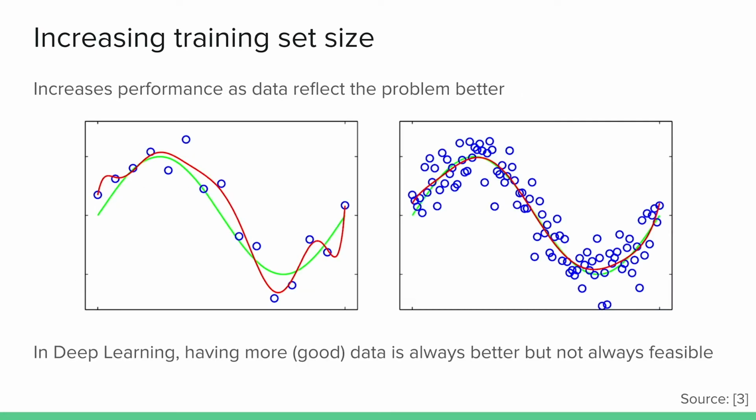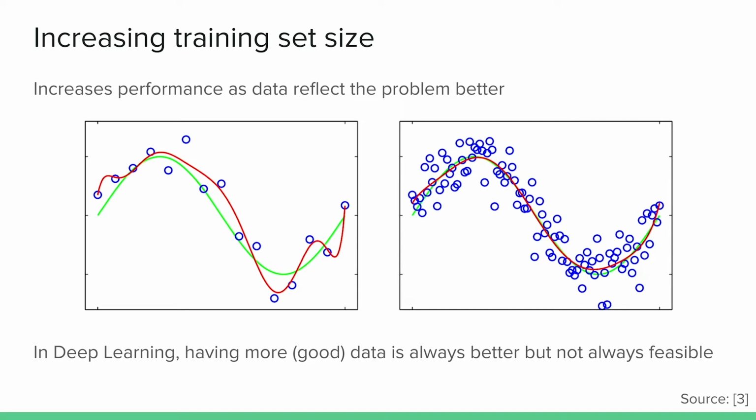One of the things that will help us most along the way is if we can increase the training set size. One of the problems is that if we have too little data to train on, we would like to understand the underlying distribution, but we can't because we have too little information. So the network will try to fit a curve here, as you can see, but the true underlying distribution is not really what the network will actually learn because it just has too little data to extrapolate onto that underlying distribution.